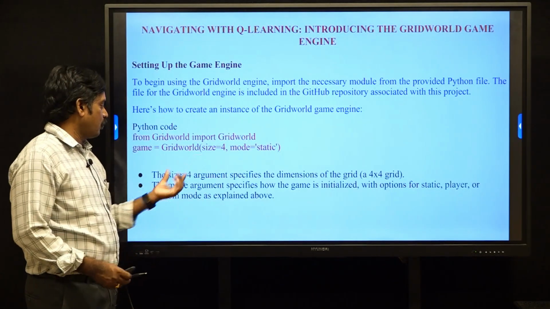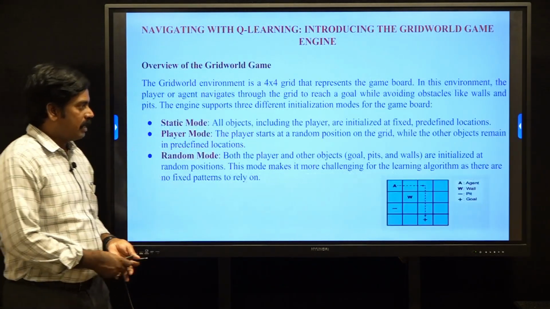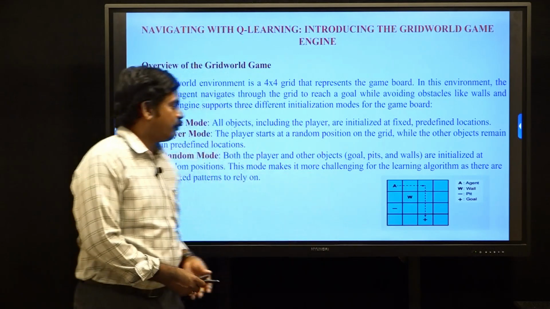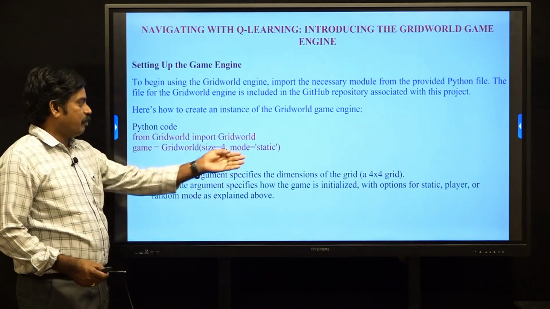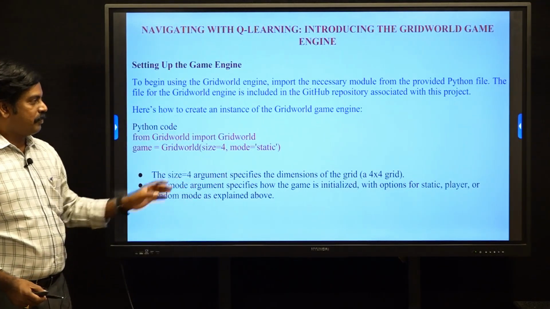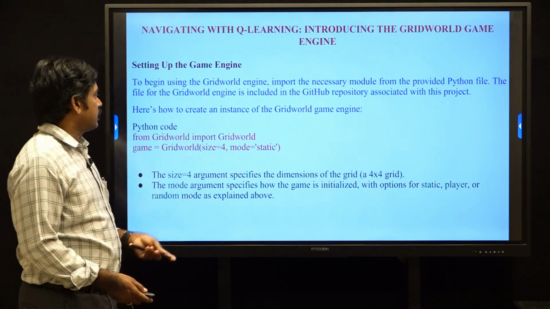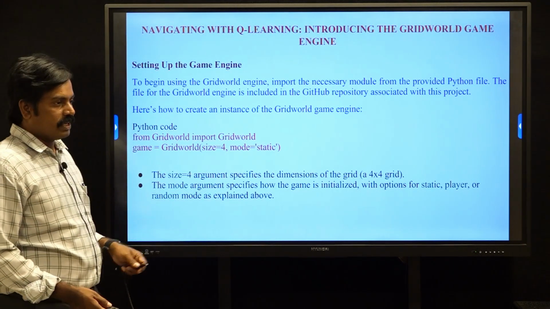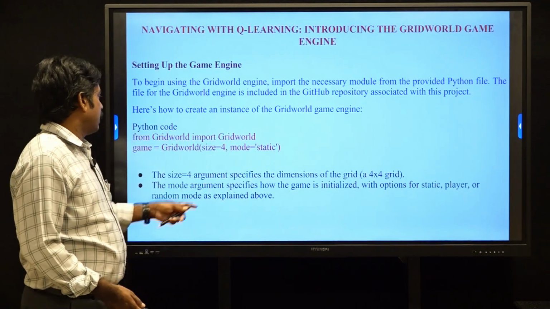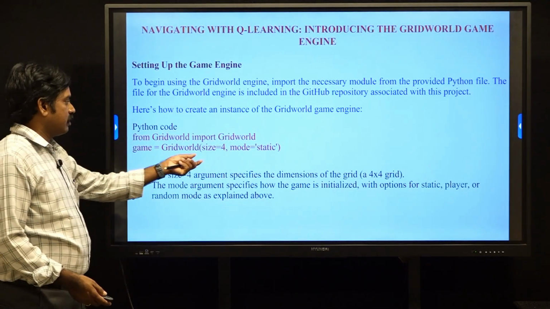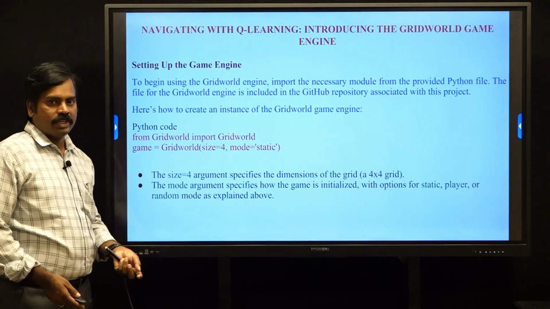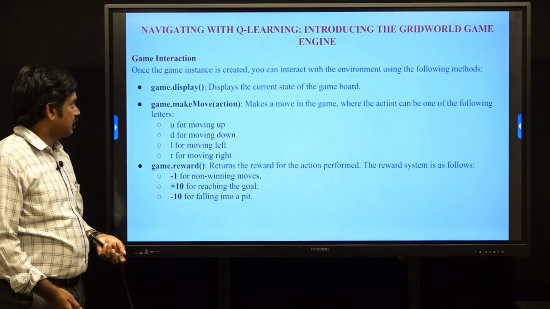Size 4 means it is a 4x4 grid. So all are at fixed positions. We import the Gridworld game and instantiate it with size equal to 4 and mode static in this example.